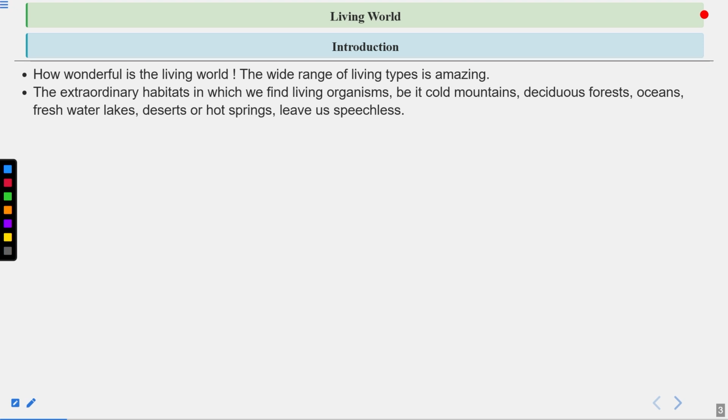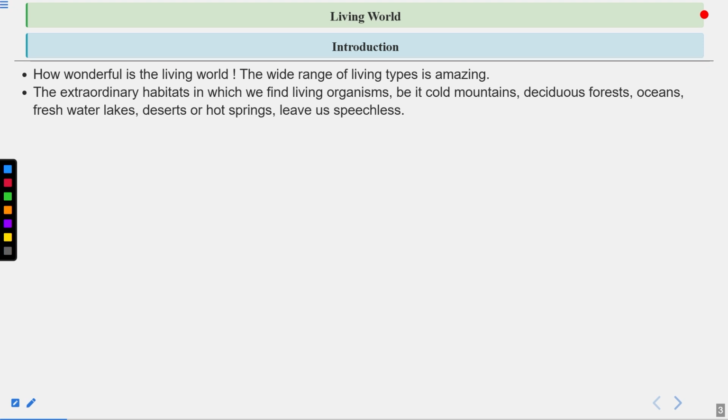In the desert, the temperature is very high. There are xeric conditions, which means the temperature is high and there is very little moisture in the air. Then you can see organisms living in hot springs also. Hot springs are a kind of extreme climate.